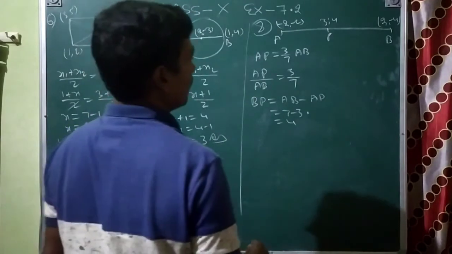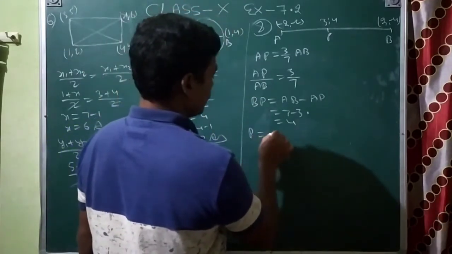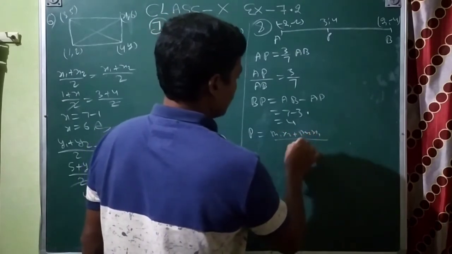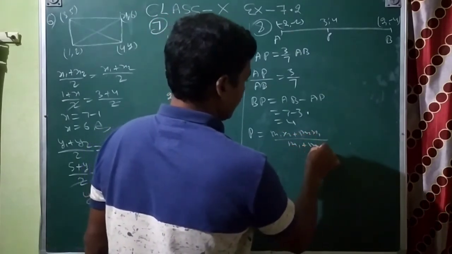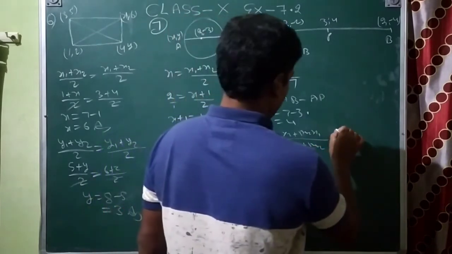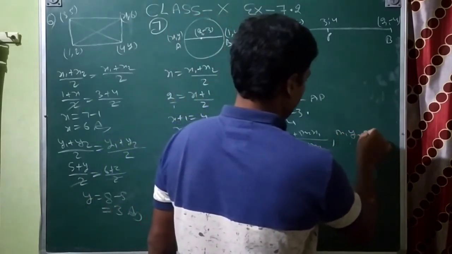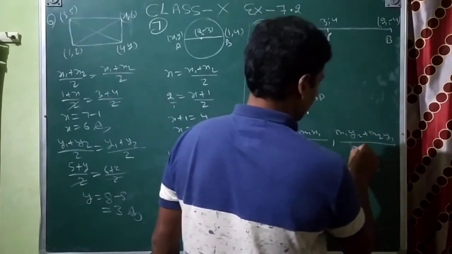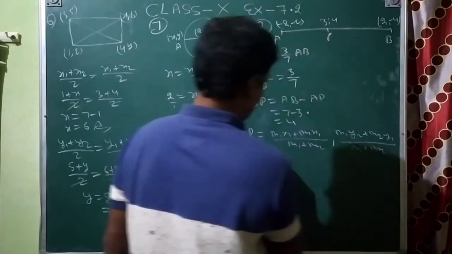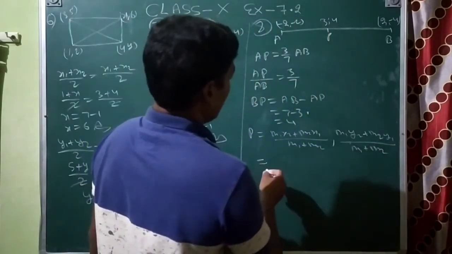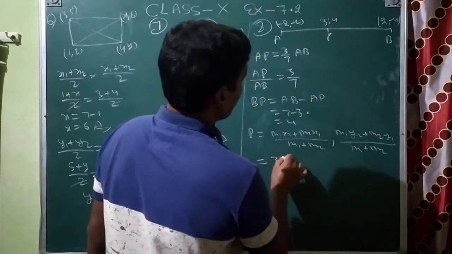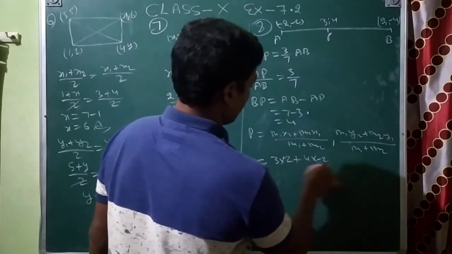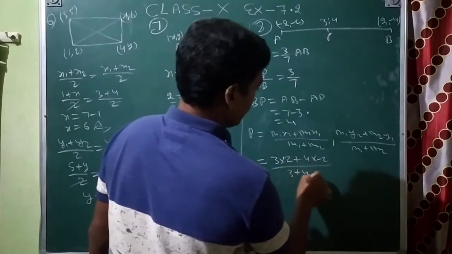Now we will apply the section formula. P is equal to (m1 x2 plus m2 x1) upon (m1 plus m2), and then (m1 y2 plus m2 y1) upon (m1 plus m2). So m1 is 3: 3 multiply 2 plus 4 multiply minus 2, upon 3 plus 4.